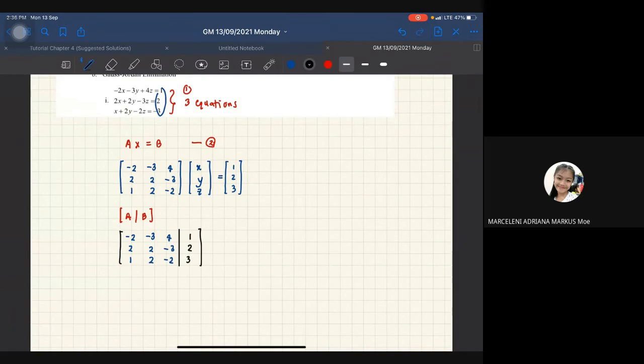Okay, tapi yang beza dia cuma aim kita. So kalau ERO, aim kita is kita nak dapatkan identity matrix dekat sebelah kiri. So yang belah kanan akan jadi inverse matrix. Tapi this one kita nak dapatkan identity matrix dekat sebelah kiri so that yang belah kanan tu adalah kita punya nilai-nilai unknown yang kita nak cari. Okay. Alright, so tu je beza dia. Tapi cara row operation tu still sama juga.